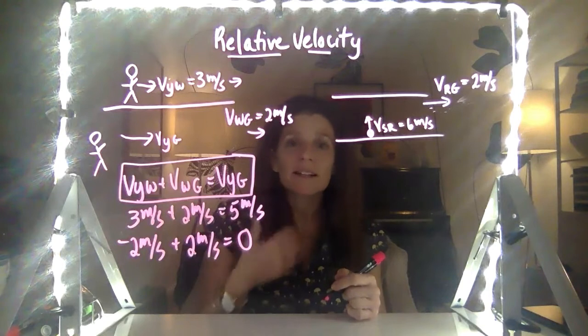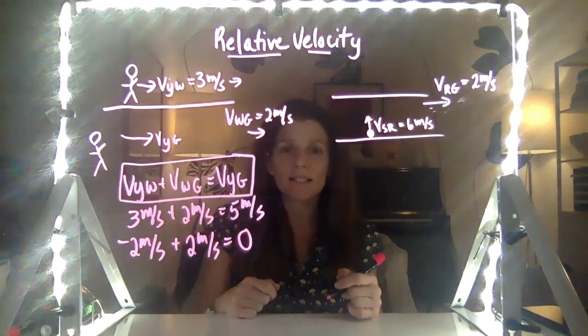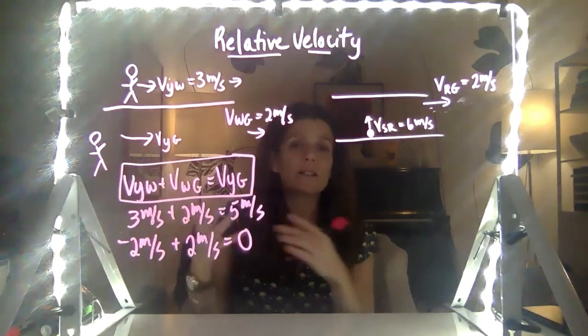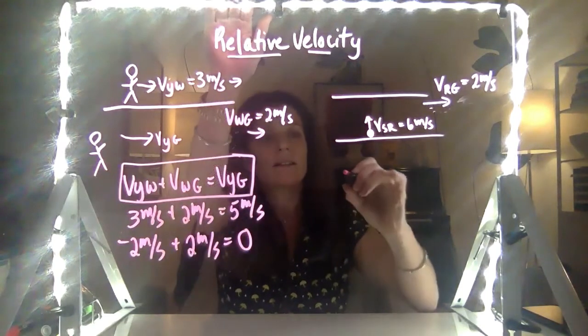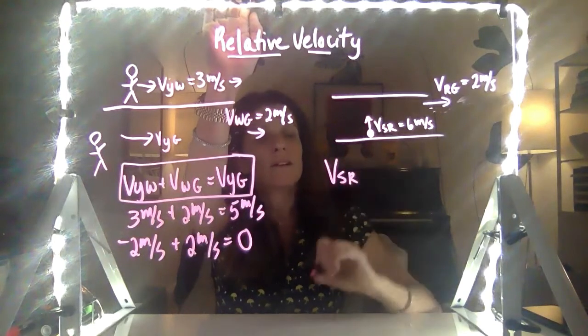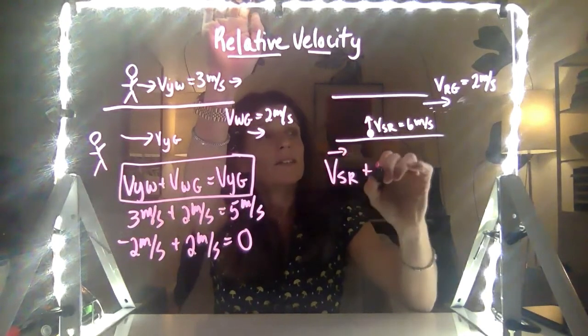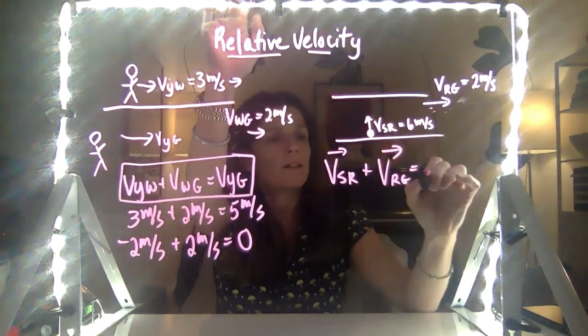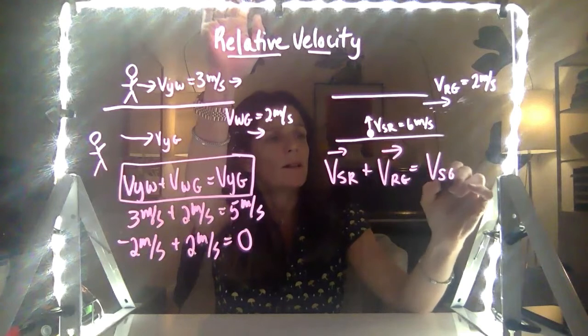What's going to happen? Let's see if we can use our relative velocity equation, but now we have to use it as a vector equation, not as just numbers that we can add and subtract. So the velocity of the swimmer relative to the river plus the velocity of the river relative to the ground is going to be the velocity of the swimmer relative to the ground.